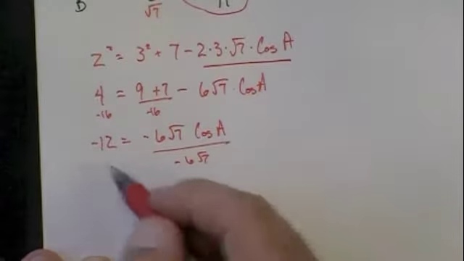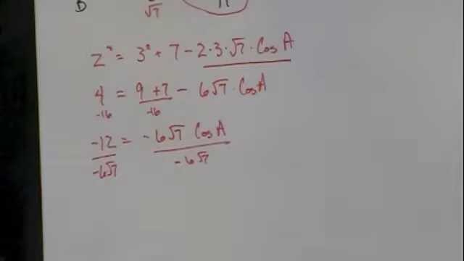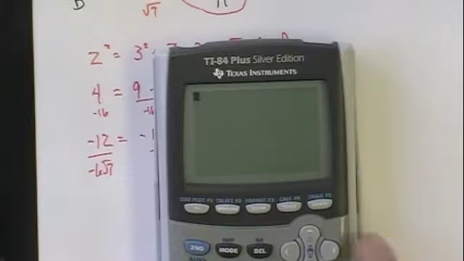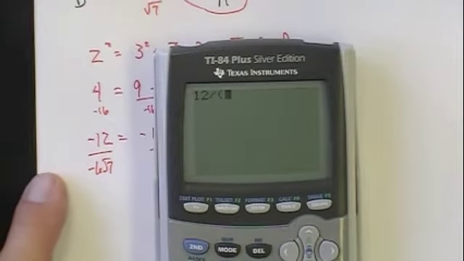Remember, we're solving for angle A here. Divide by negative 6 square root 7. It's going to be critical how we plug this into the calculator at this point. So we have a negative and a negative, so I'm going to say it's positive. But we have 12 divided by, I'm going to put this whole thing in parentheses, 6 square root 7. So that closes the parentheses for the radical, and that closes it for the bottom of my fraction.